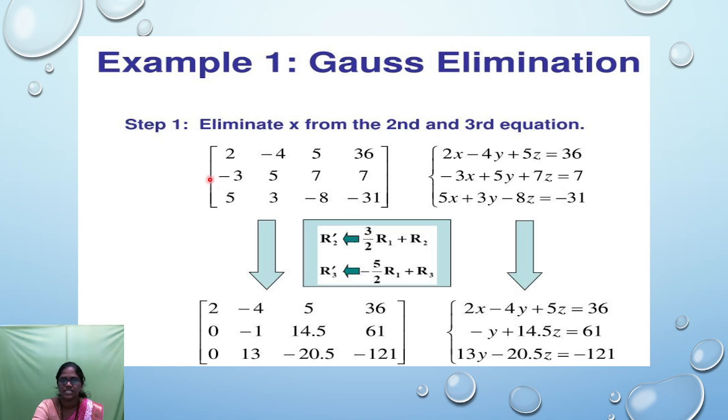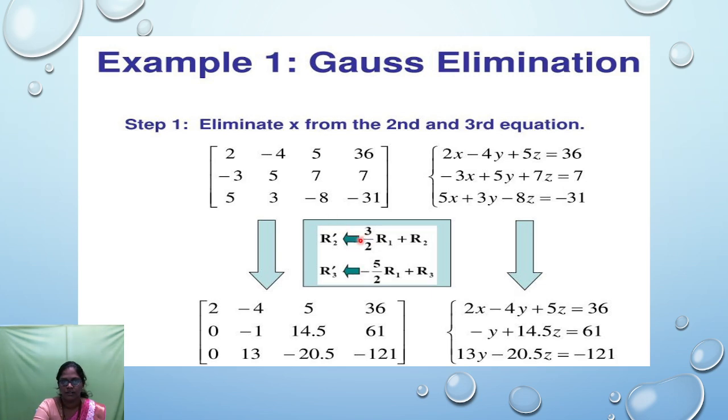So in R2, to convert minus 3 into 0, we need to add 3. Here the first row has 2, so dividing by 2 and then multiplying by 3.